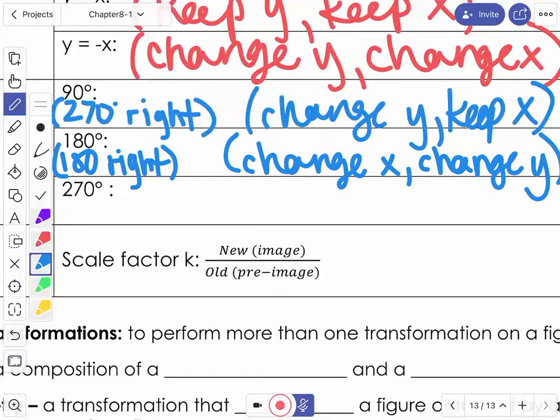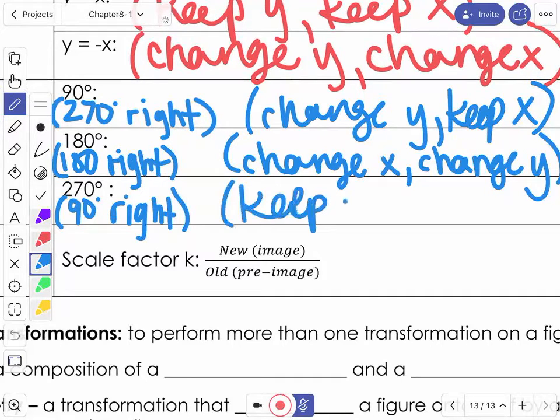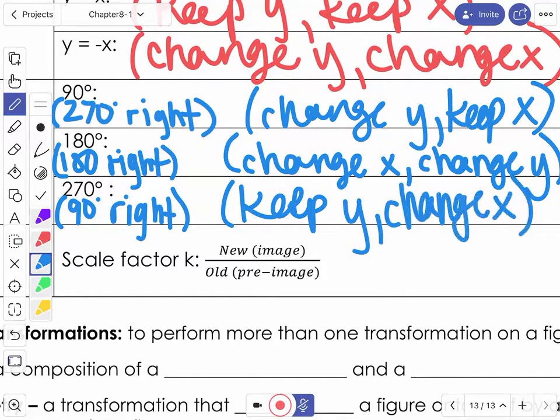Next was our 270 to the left, counterclockwise, which is the same as a 90 to the right, regular clockwise, and 270 said to keep the y, put that number first, change the sign of the x, put that number last.